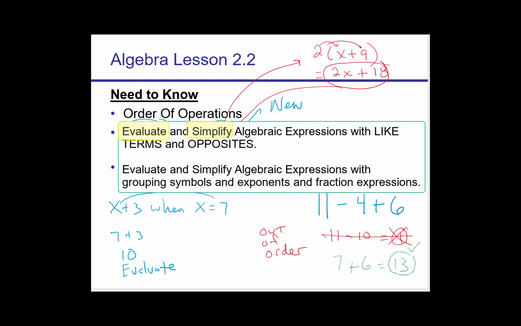We've made it a little simpler than it was. And when you have an algebraic expression, you don't know what x is. You can't get the value, but you can make the hard statement easier. Okay, so that's the game plan for today. We're going to focus on these things right here.